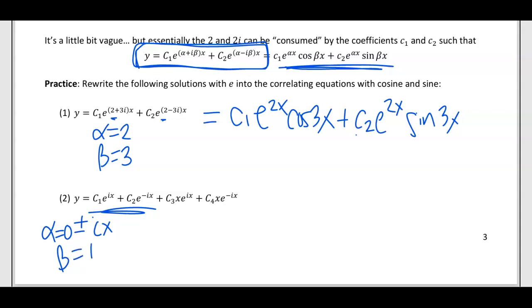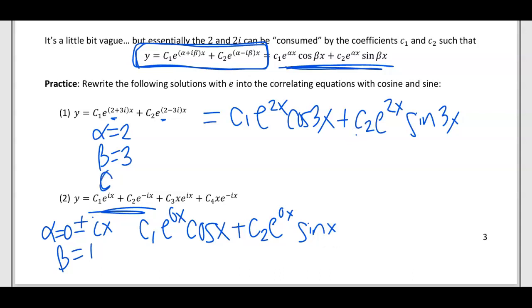Okay, so I would have for this first part, C1 e to the 0x cosine x plus C2 e to the 0x sine x. You can think about this together as a pair as C e to the plus or minus ix, and it's just separated out, using the terms of exponents that we can do.